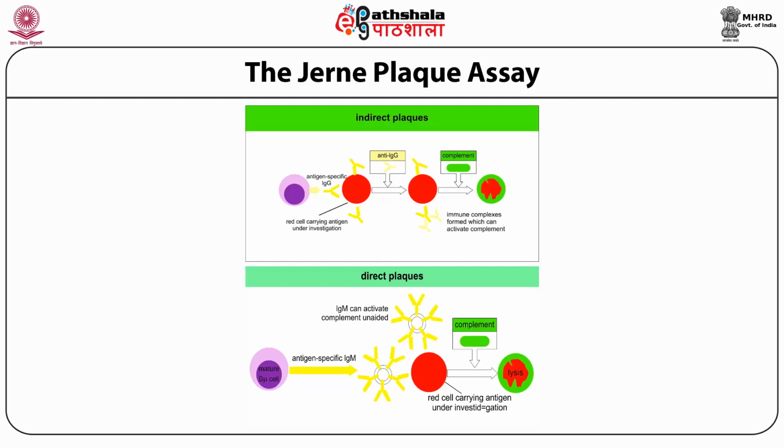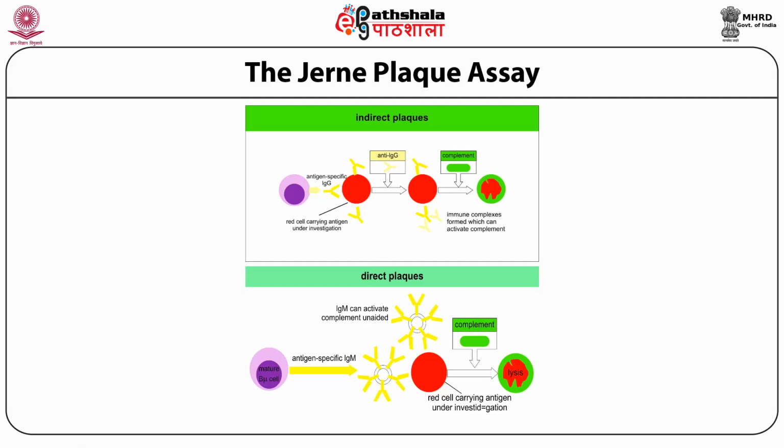In the direct plaques method, antigen-specific IgM antibodies are capable of causing complement-mediated lysis without the addition of an extra layer of anti-immunoglobulin. Thus, the numbers of antigen-specific IgM and IgG plaque-forming cells can be estimated separately.